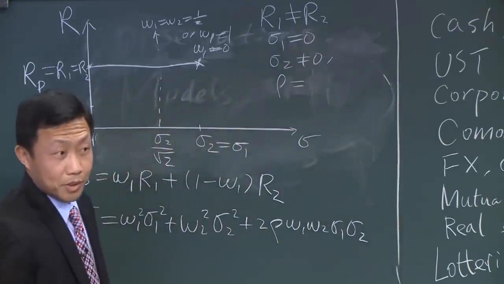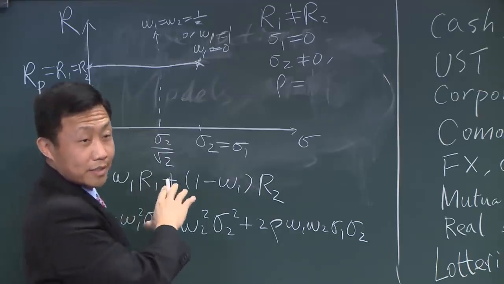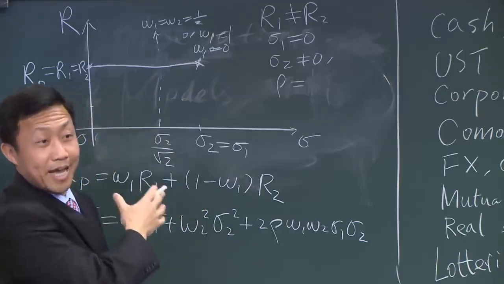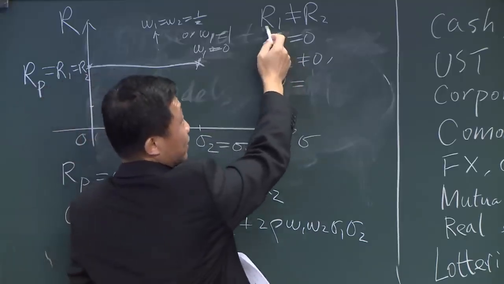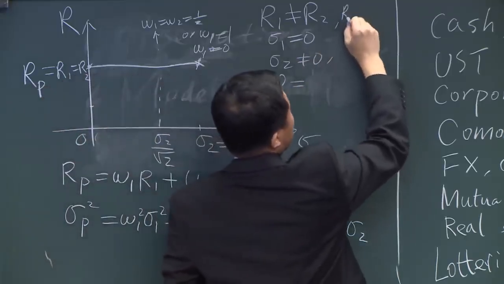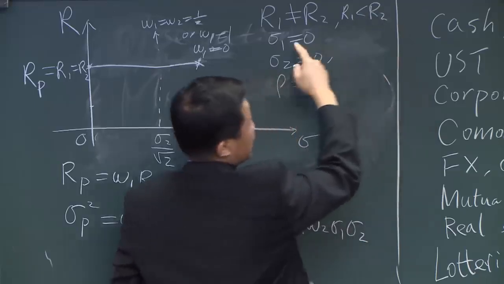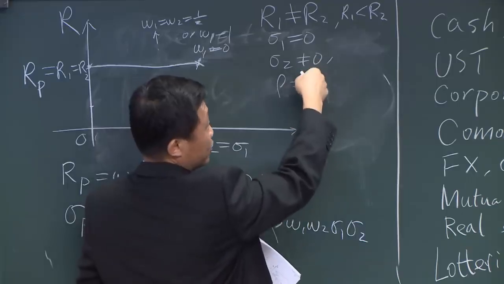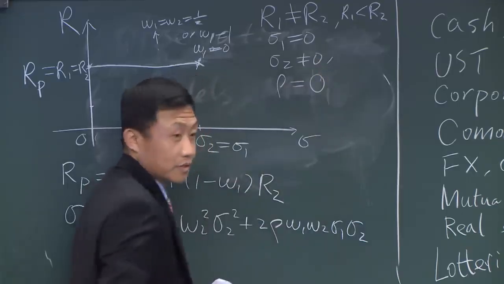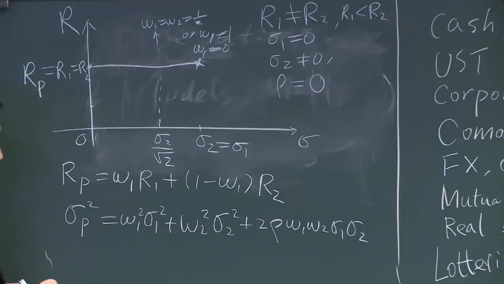Sigma 1 equal to 0. There's no volatility of the first asset. So that's cash. So that's a riskless asset in the first one. So let's even call it R1 is less than R2. So you have the cash asset, then you have a non-cash asset. Rho equal to 0, zero correlation. So let's look at what this line looks like.